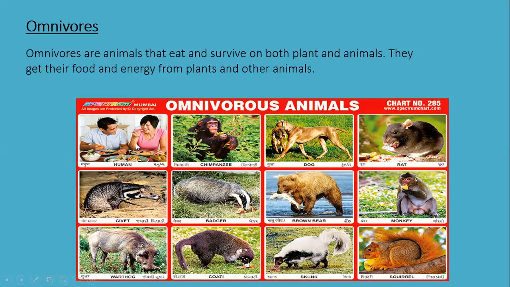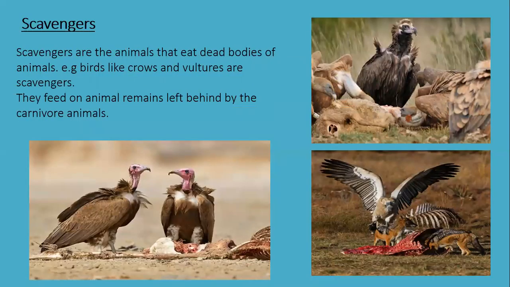Okay, now the fourth type of consumers are scavengers. What are scavengers? Scavengers are animals that eat dead bodies of animals. For example, birds like crows and vultures are scavengers. They feed on animal remains left behind by the carnivore animals.